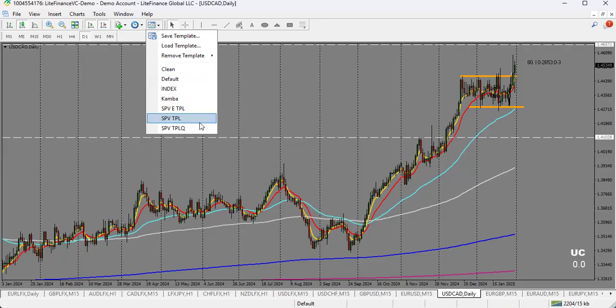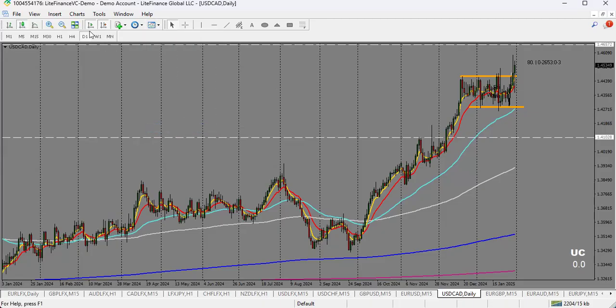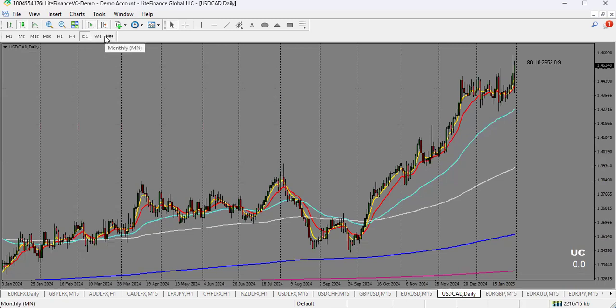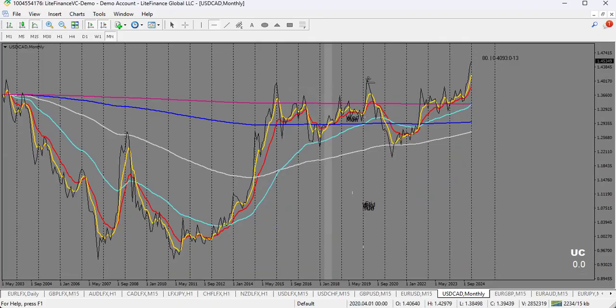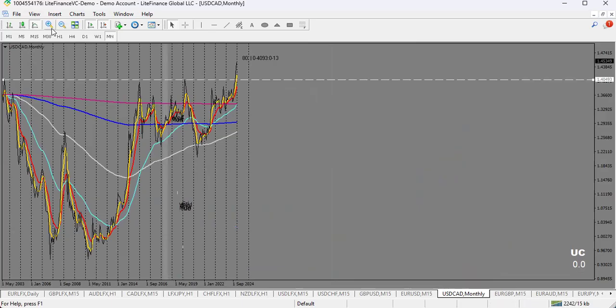Okay, so let me load the template again, and we'll do the analysis using the MQP alloy strategy. We'll start with the monthly time frame, where we'll be looking at the key support and resistance levels. If you use the line chart here, you'll see precisely where price has reversed.